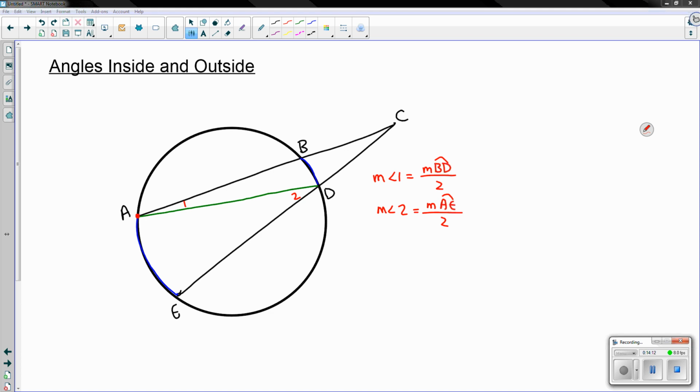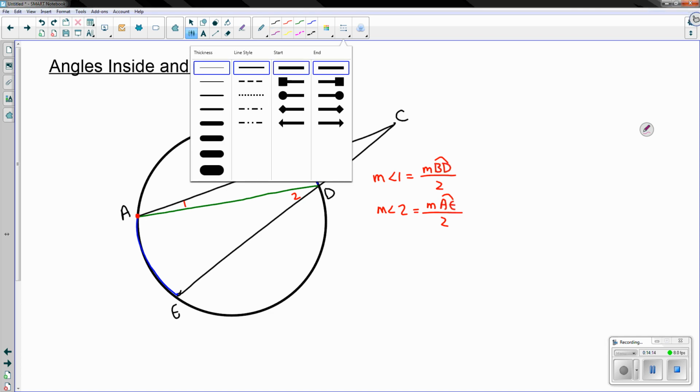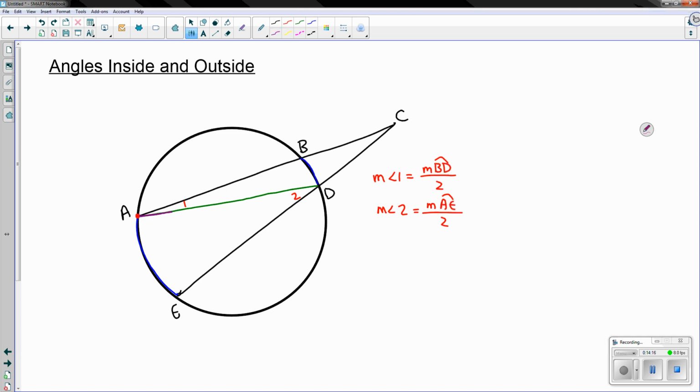Now here's the other cool thing. By introducing that chord, we have this triangle, ACD. Should probably draw that a little better. So from A to C to D, there's a triangle formed. And that angle 2 serves as an exterior angle to that triangle.